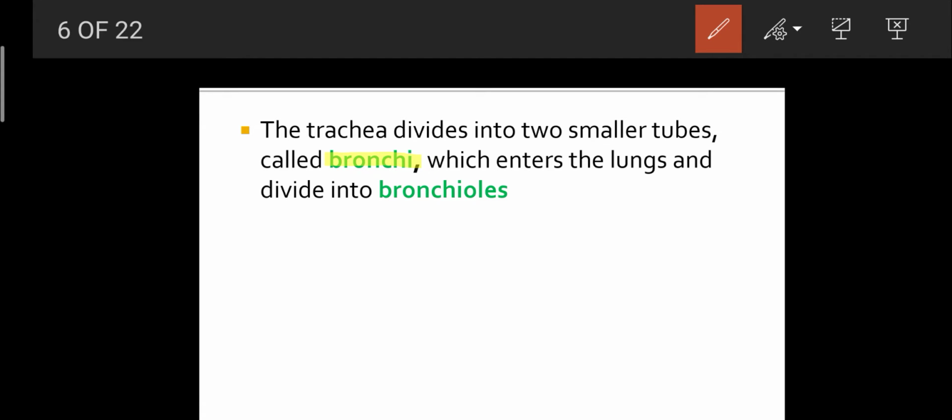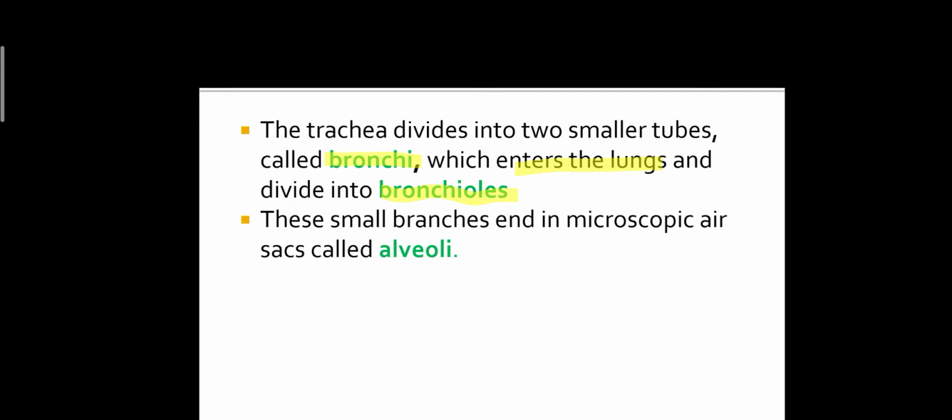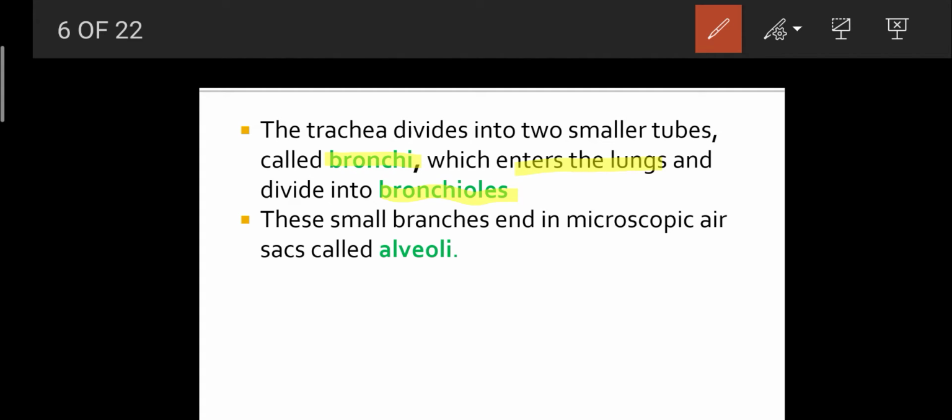The bronchi enter the lungs and divide into the bronchioles. These small branches end in microscopic air sacs which are known as alveoli.